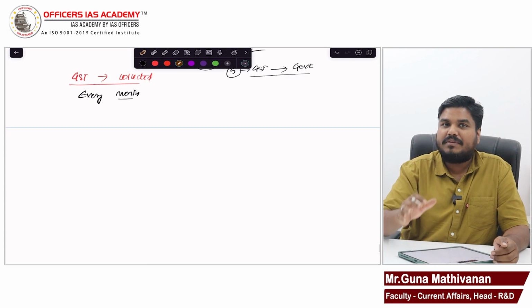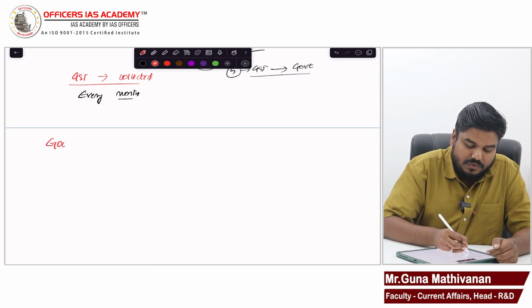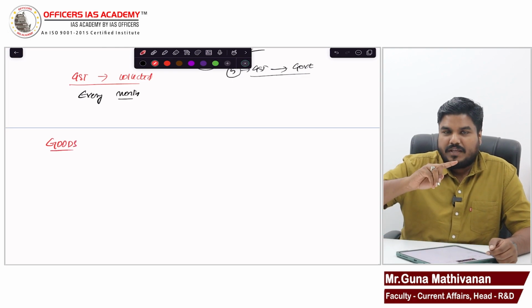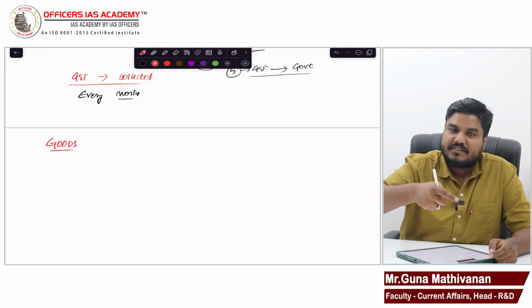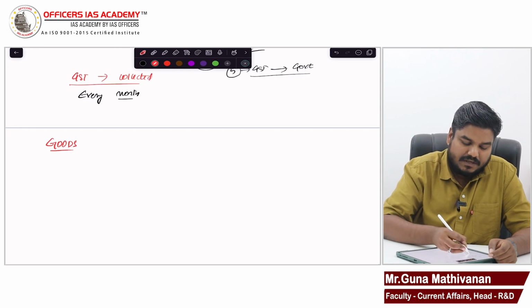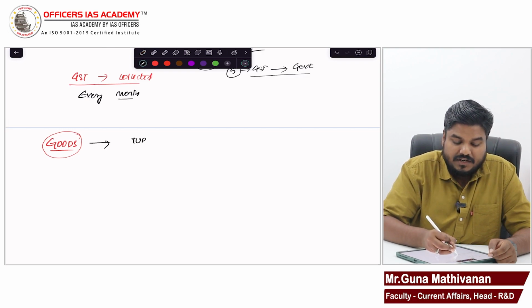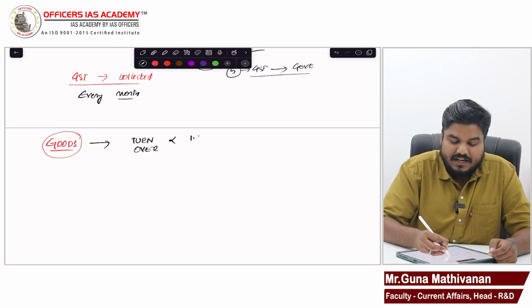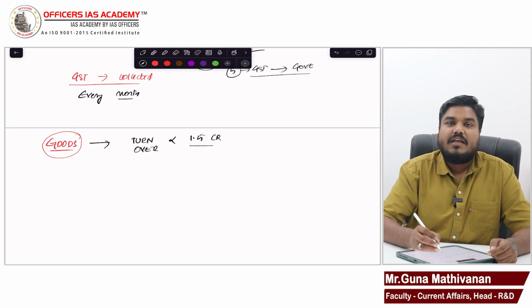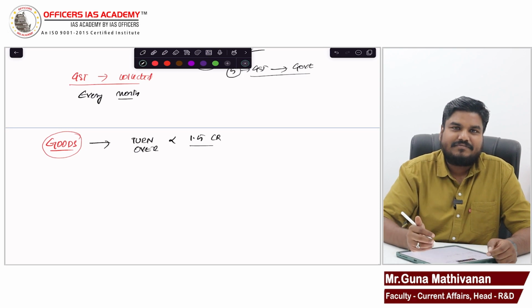So, under this Composition Scheme, if you are a small businessman, and your business is connected with goods, if you are manufacturing certain goods or trading certain goods, and if your turnover is less than 1.5 crore, then you will be called a small business player.